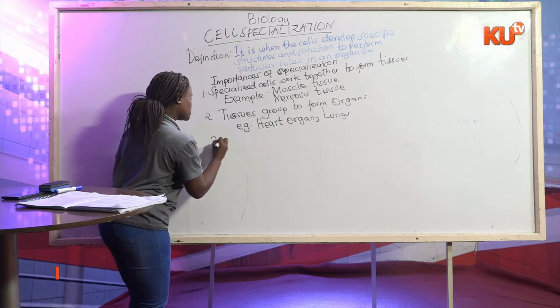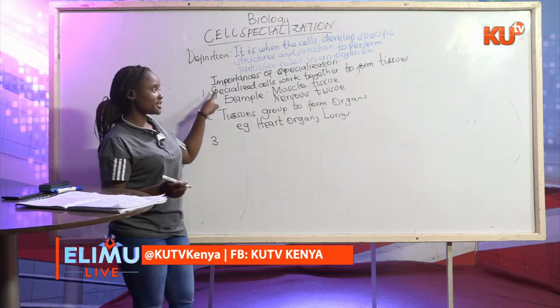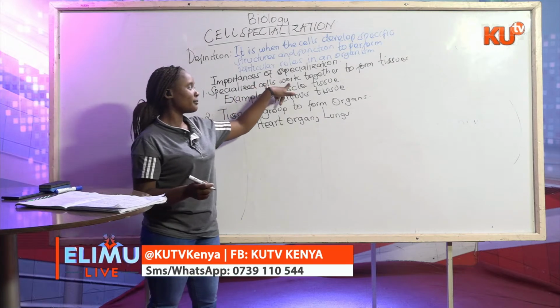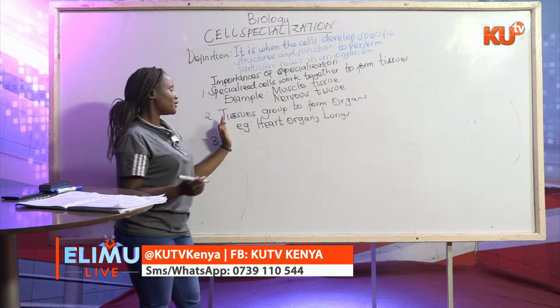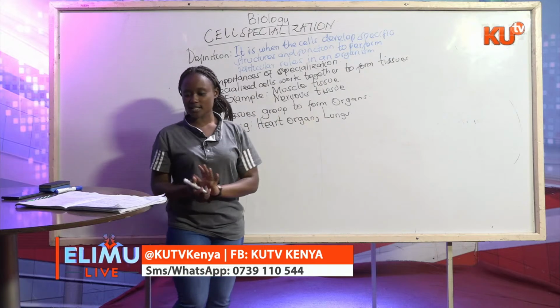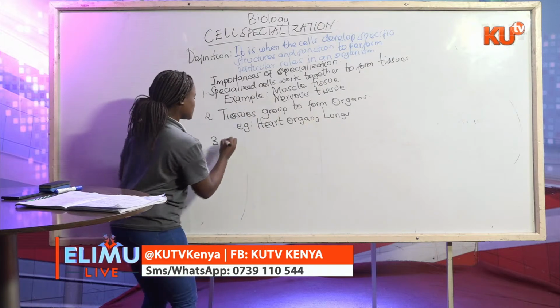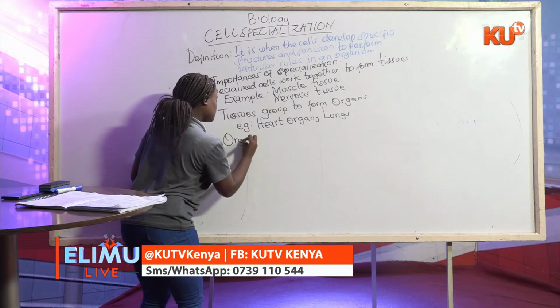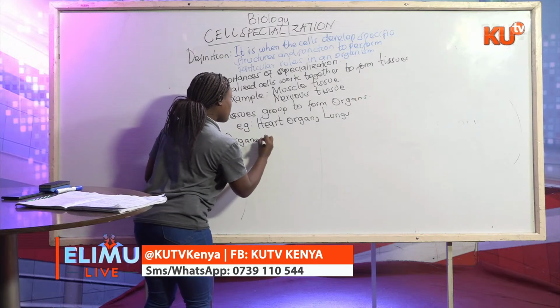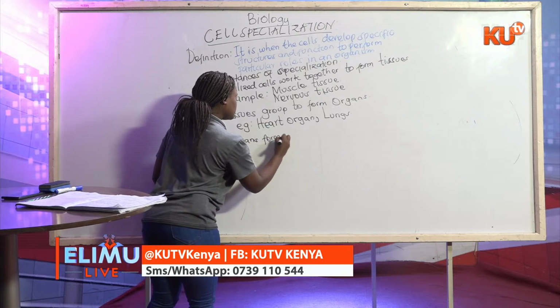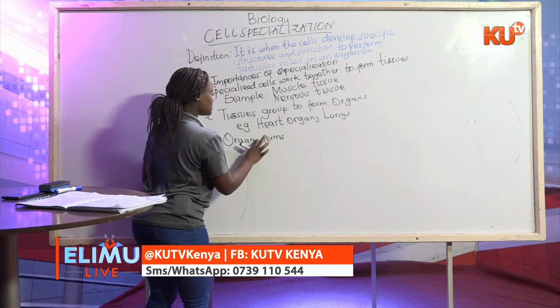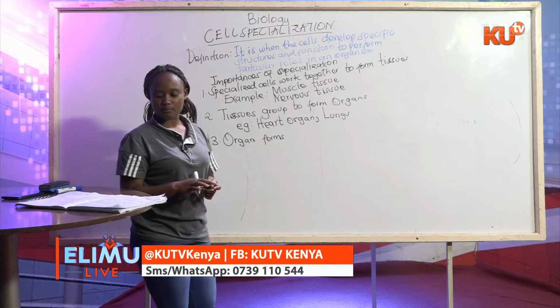Now we go to our third. We've started with cells coming together to form a tissue, and then the tissues group to form organs, and then the organs form systems.